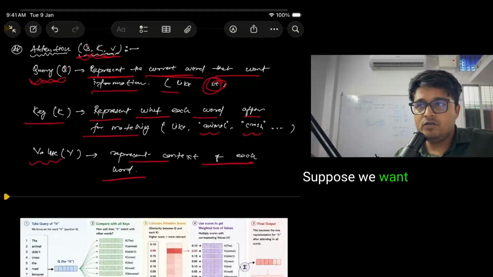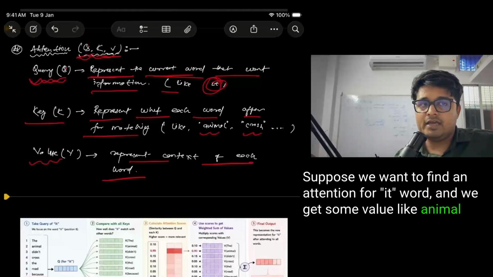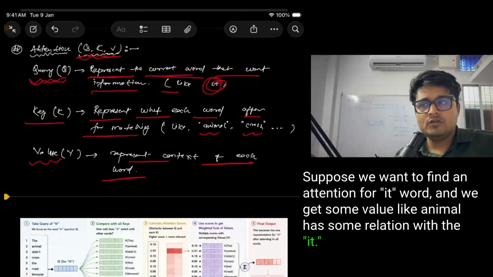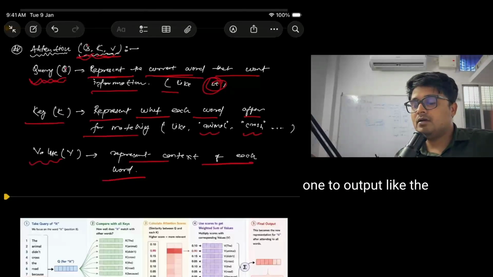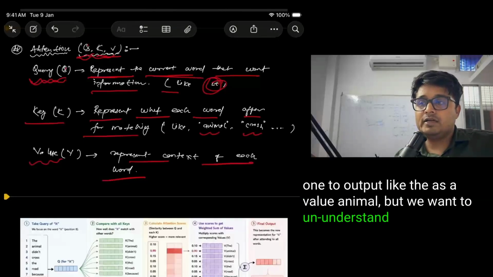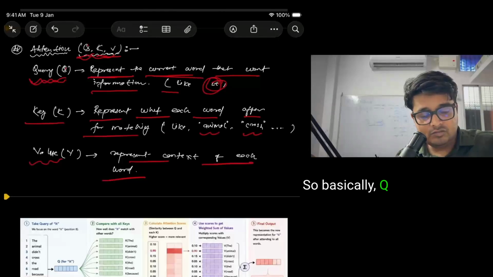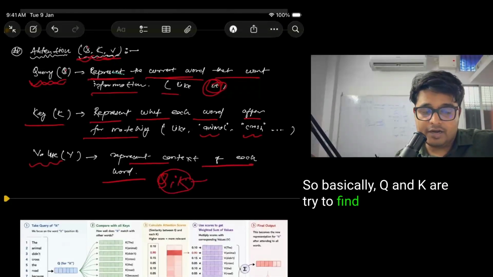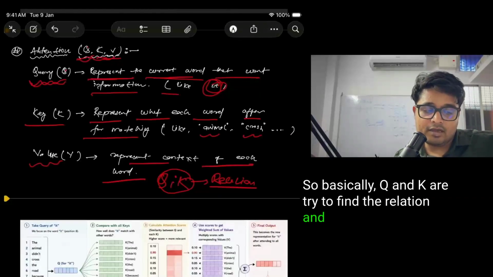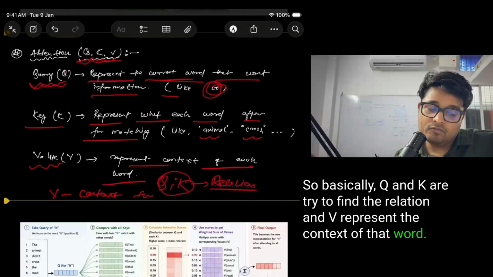Suppose we want to find the attention for the word "it," and we find that animal has some relation with "it." We not only want to output the value animal, but we also want to understand the context of that word animal. So basically Q and K try to find the relation, and V represents the context of that word.